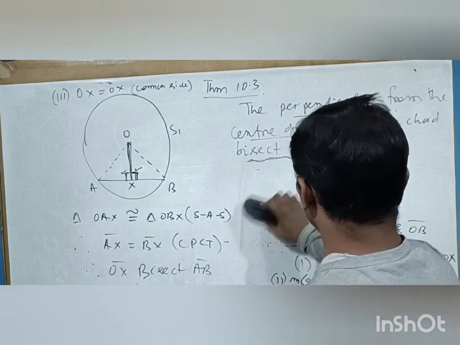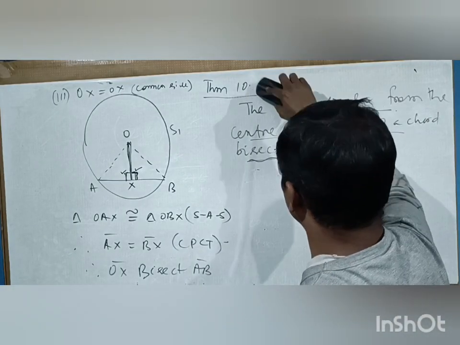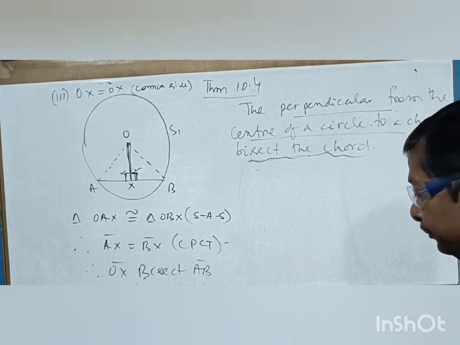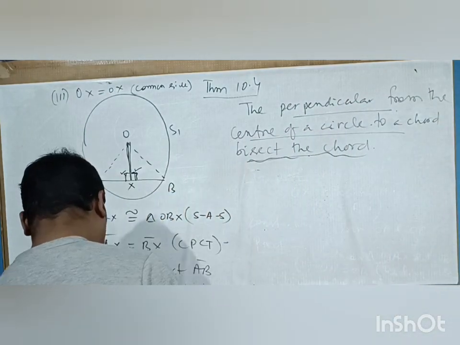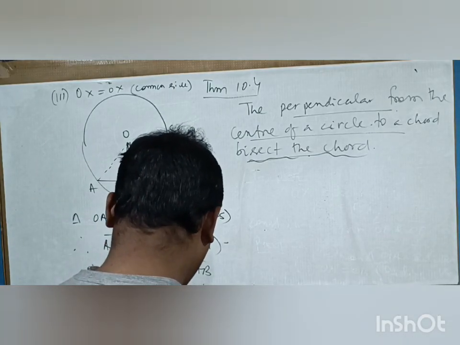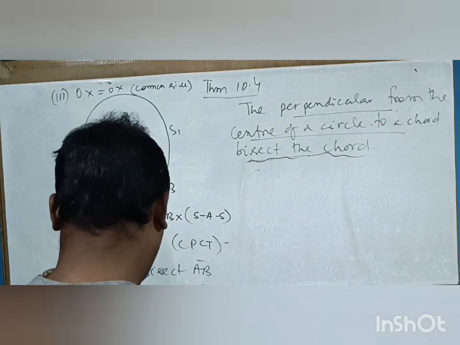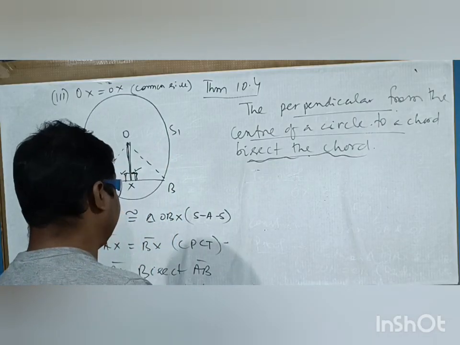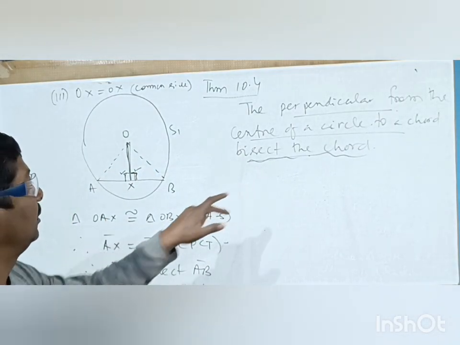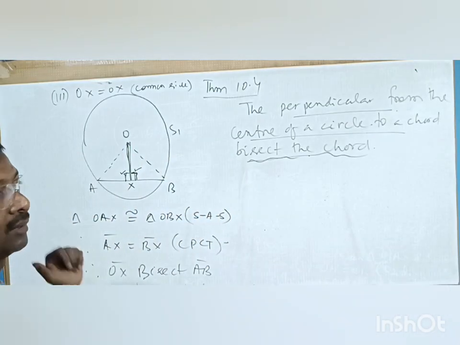So, shall we go for the next theorem? We will proceed towards the next theorem, 10.4. What is 10.4? Let me write the theorem first. 10.4: The line drawn through the center of a circle to bisect a chord is perpendicular to the chord. Just opposite of this. What is the data given here is to prove here, and what is to prove here is the data given here.